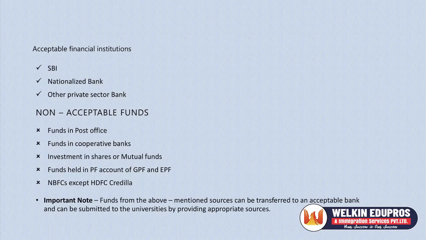In summary, non-acceptable funds can be transferred to acceptable financial institutes. We can give the source and all sorts of proofs that we have moved our funds from non-acceptable to acceptable, which can be discussed case to case.